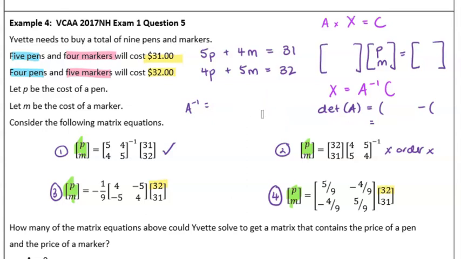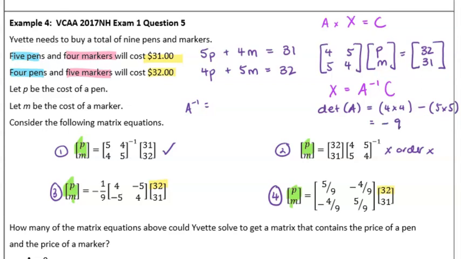So let's switch those around. So I would have 4, 5 equals 32 across the top. And then the second equation, 5, 4 equals 31. My determinant now has also changed, 4 by 4 minus 5 by 5, which is -9.